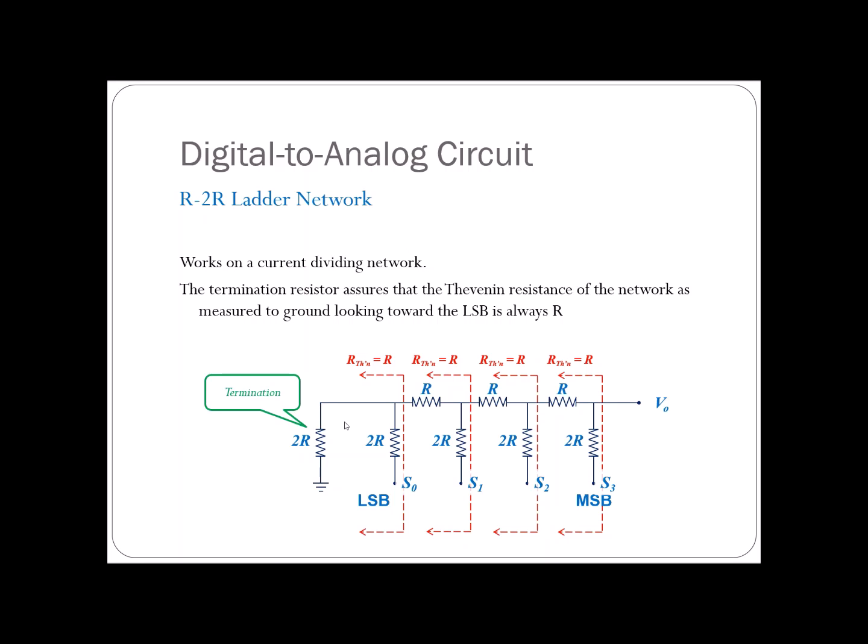So again, let's go back to here. The arrangement is like this. The first 2R resistor is what we call the terminating resistor, and it is connected to the ground, and one end of each of these 2R resistors is connected to a different bit of the binary number there.